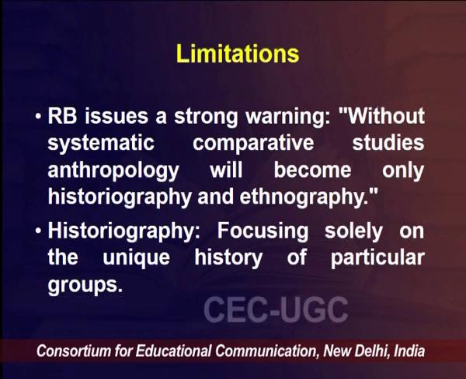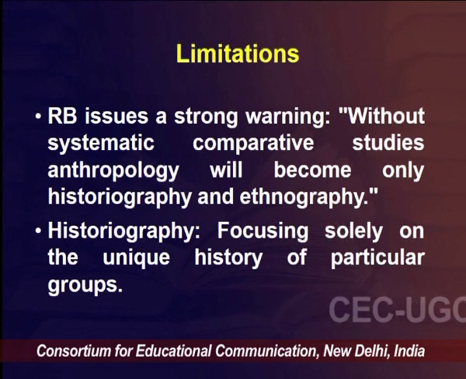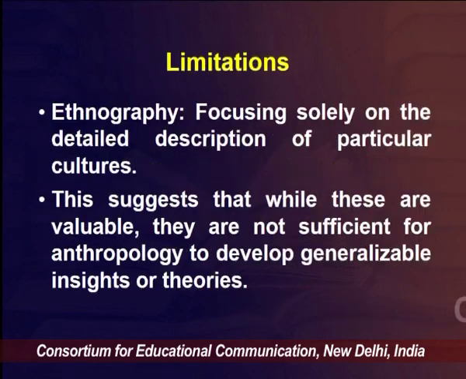Historiography generally focuses solely on the unique history of a particular group, and ethnography focuses solely on the detailed description of a particular culture. This suggests that while these are valuable, they are not sufficient for anthropology to develop generalizable insight or theories. So, basically he advocated the use of comparison along with intensive field work of a particular society.